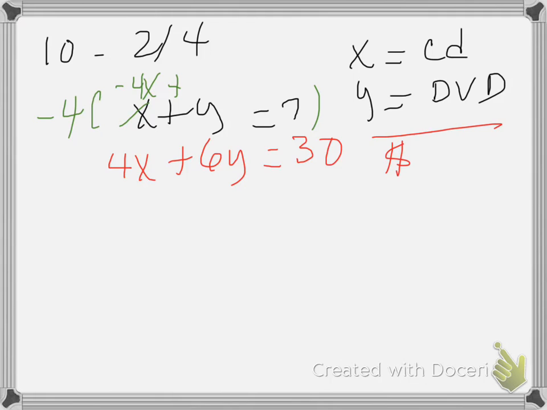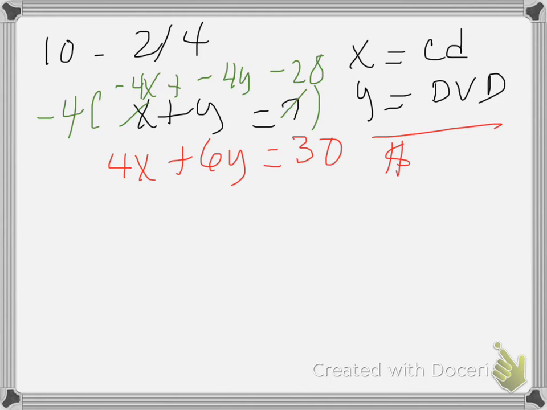Plus -4 times y would be -4y. Okay, that's a little messy. Hope you can follow it. And -4 times 7 is going to be -28. Okay, so that's our new equation that we're going to add vertically.